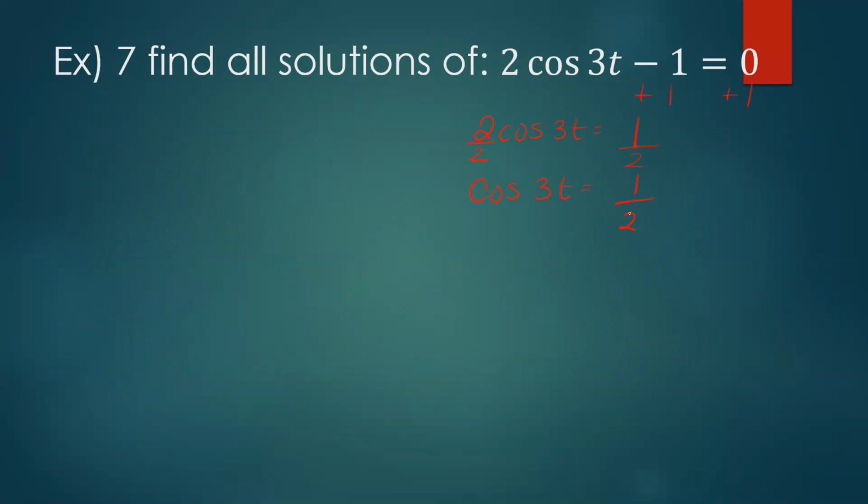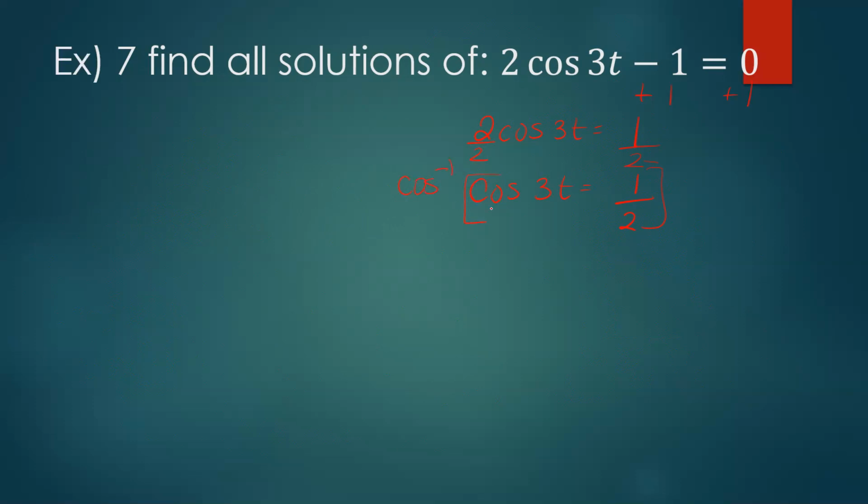And then now, this one's kind of weird. I would get the cosine away first, by multiplying everything by cosine inverse.